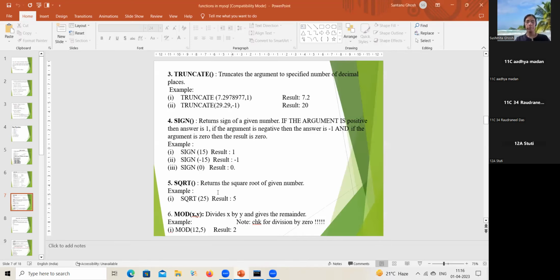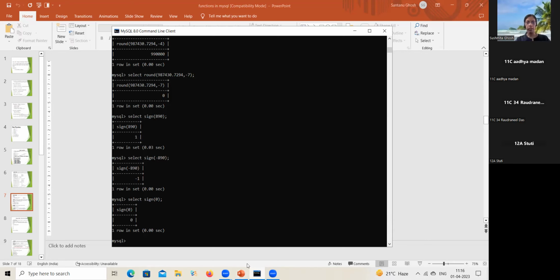Simple and straight. SQRT function, square root function. I only know square root of a few numbers. So if I try the square root of supposedly 49, simple.